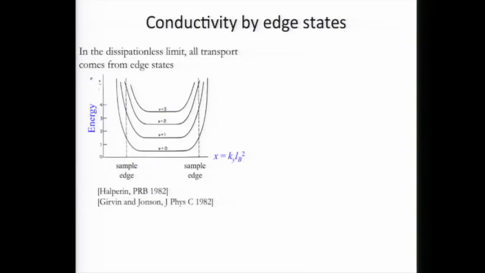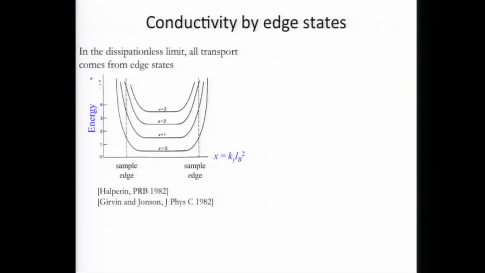In the interest of time, I don't want to spend too much time on this, but we were taught mostly, as far as I understand, by Bert Halperin in the 1980s, that the transport properties of the quantum Hall effect can be understood in terms of the edge states. In the bulk you have Landau levels that electrons occupy, and near the surfaces of your material those Landau levels bend upward, and all the transport comes from where the edge state intersects the side of your sample.